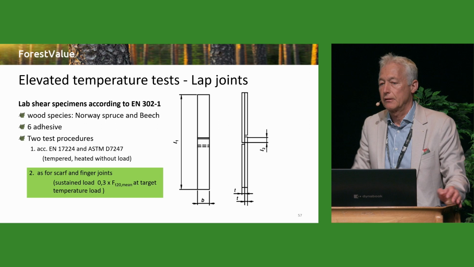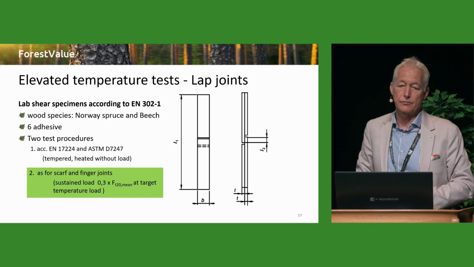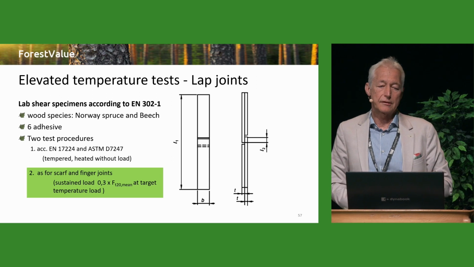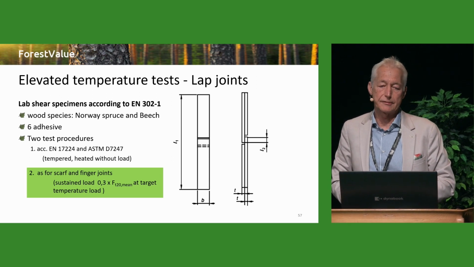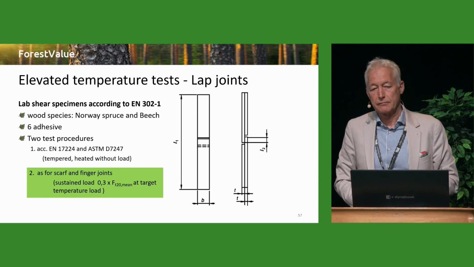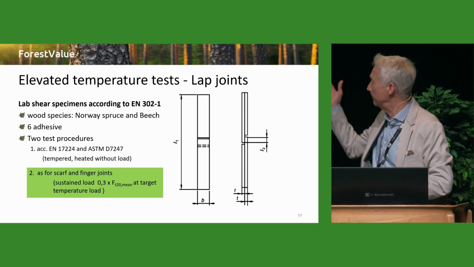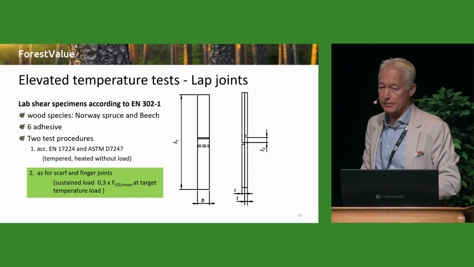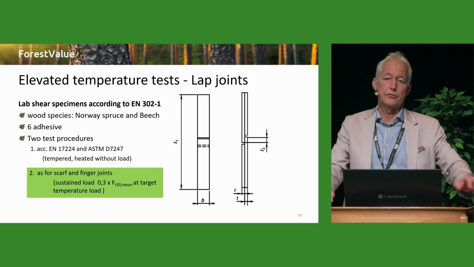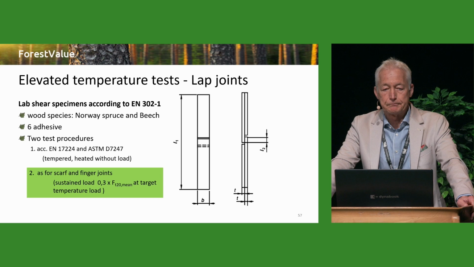And it is two sequences of tests. In one sequence, or one sub-test series, the specimens are heated and then loaded, and in the other, indicated by the green block here, first the specimens are heated up under loading.